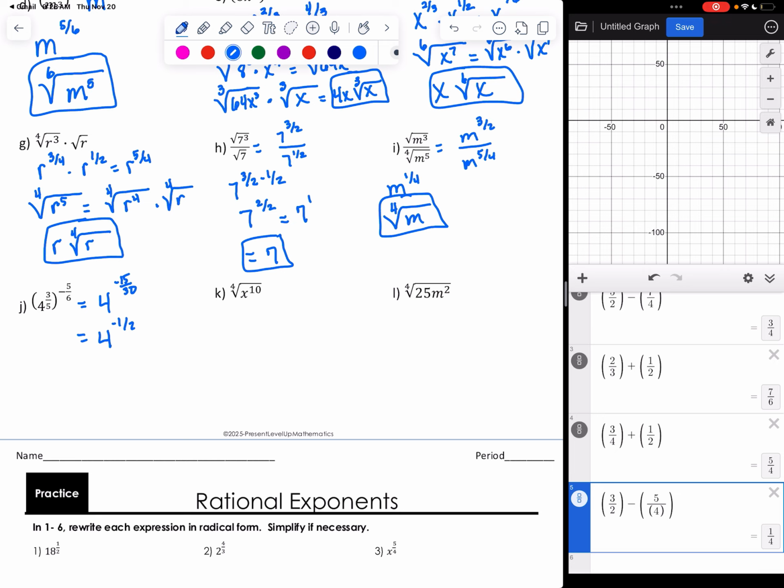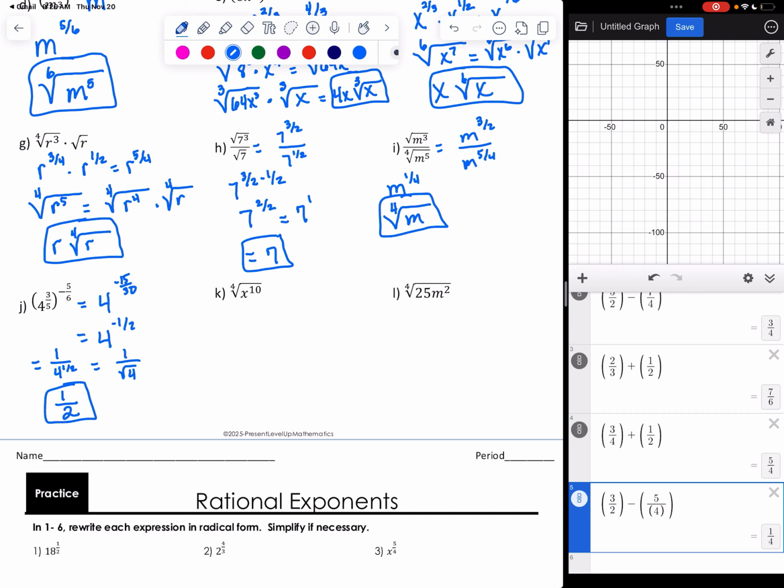And I could remember, when you have a negative exponent, you rewrite it as 1 over 4 to the 1/2, positive 1/2 power. And then rewrite that as a radical, which would be 1 over the square root of 4, and the square root of 4 is 2, so the answer is 1/2.